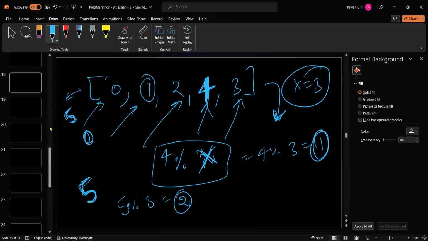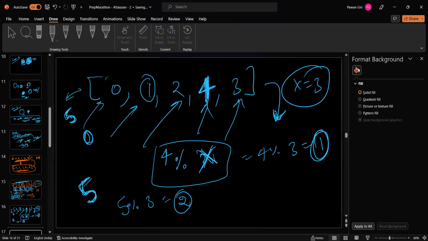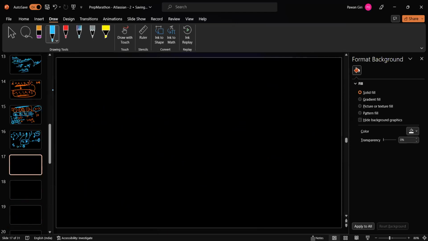So in this type of problem, what we have to do is first convert our given array to its extreme initial state.